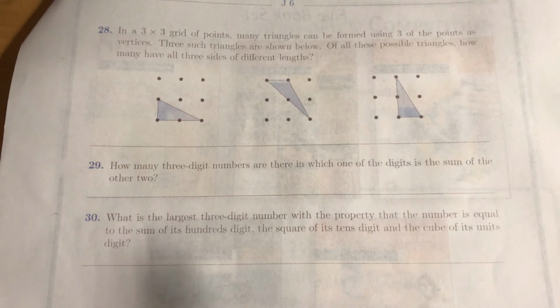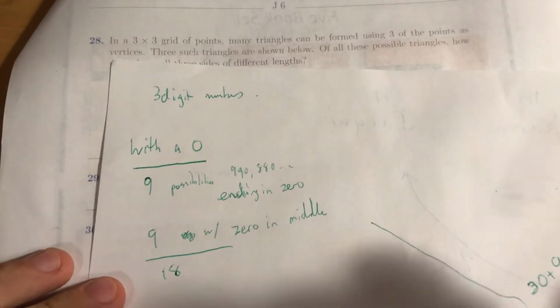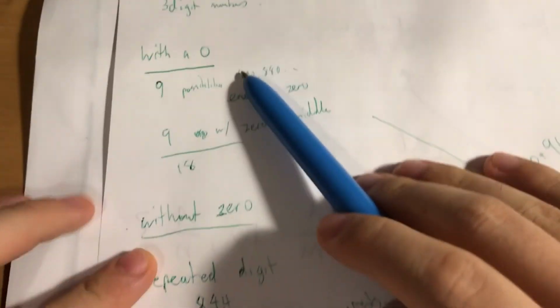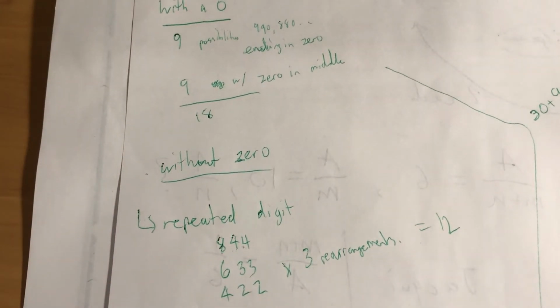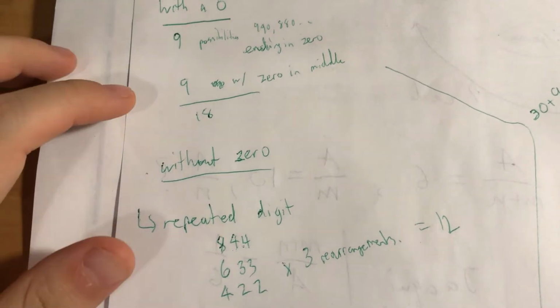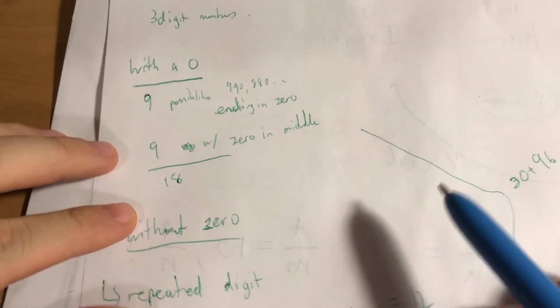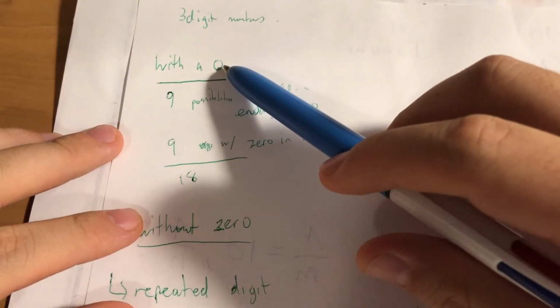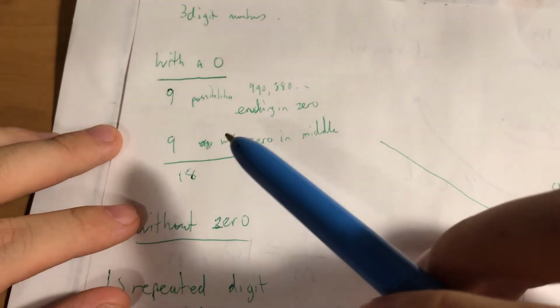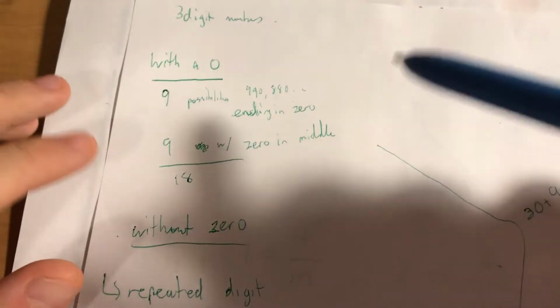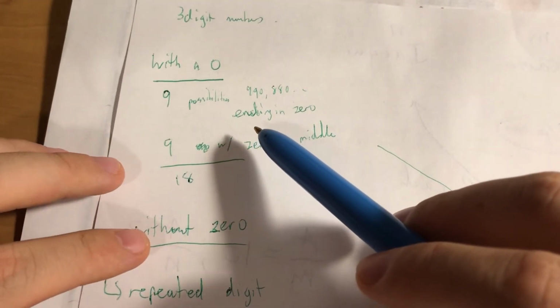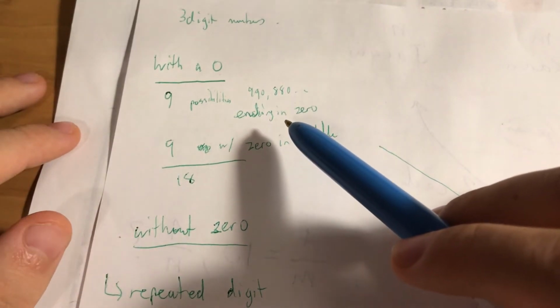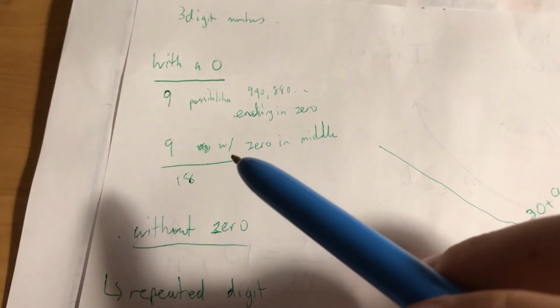One way to be careful of that is to deal with the most annoying cases first. So looking at 3-digit numbers, we could start with the ones where a 0 appears. If a 0 appears, it can't be the first digit, and the other 2 digits must be the same, because one of the digits plus 0 is equal to the other digit.